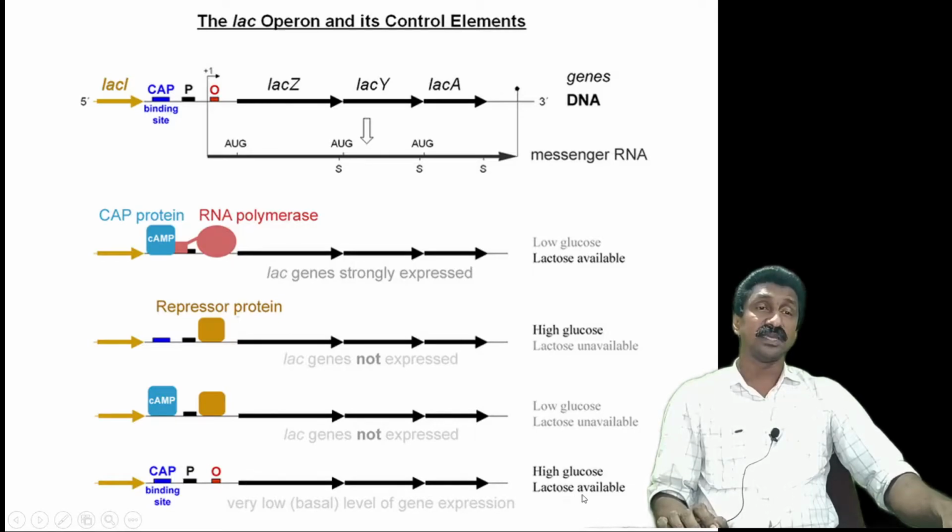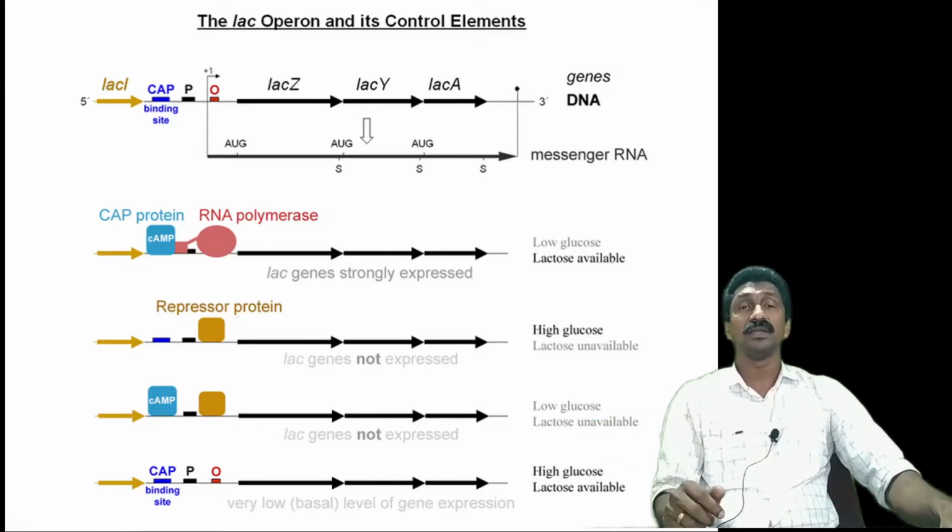Then since there is lactose available, of course the repressor may be relieved. But in the absence of the positive activation mechanism, the RNA polymerase cannot bind and start transcription. So nothing will bind here.